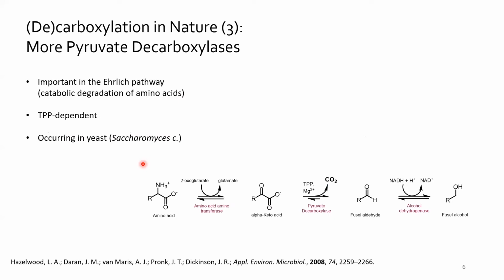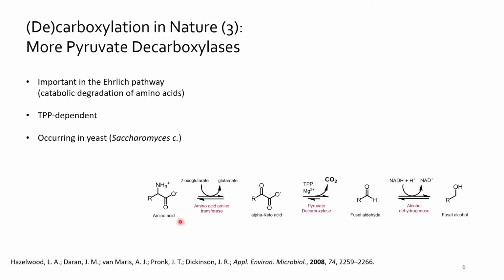The last example I would like to show you here is also an example I will mention later on during the presentation. It's more pyruvate decarboxylases which occur in the Ehrlich pathway, and this Ehrlich pathway is, as you might know, responsible for the catabolic degradation of amino acids.